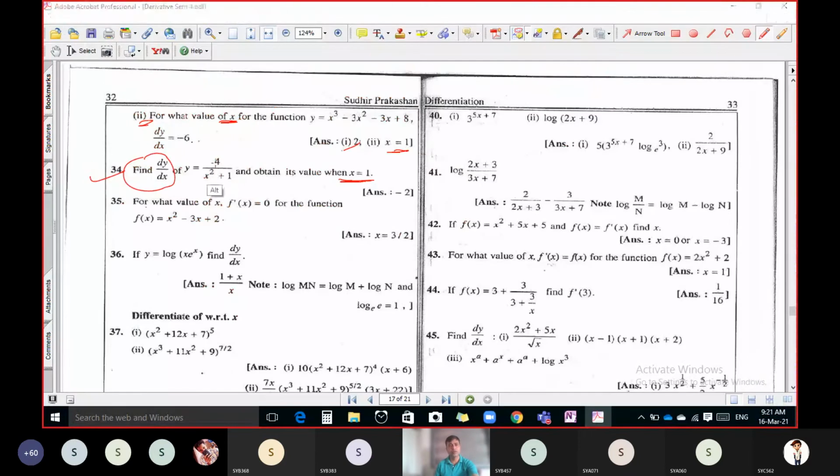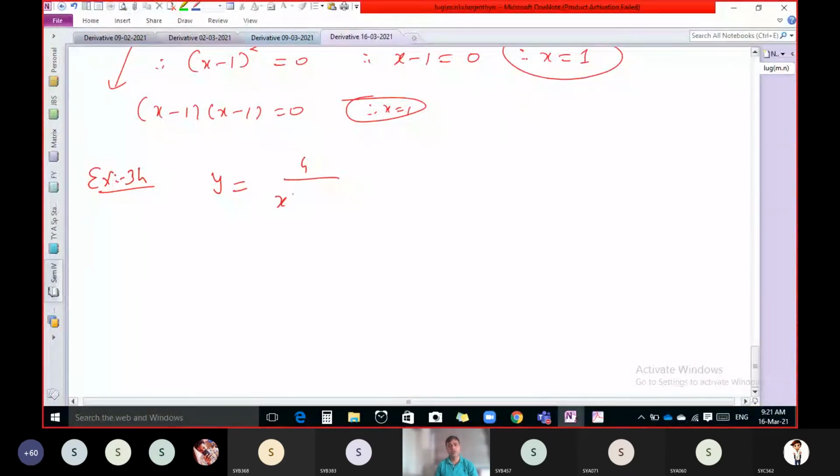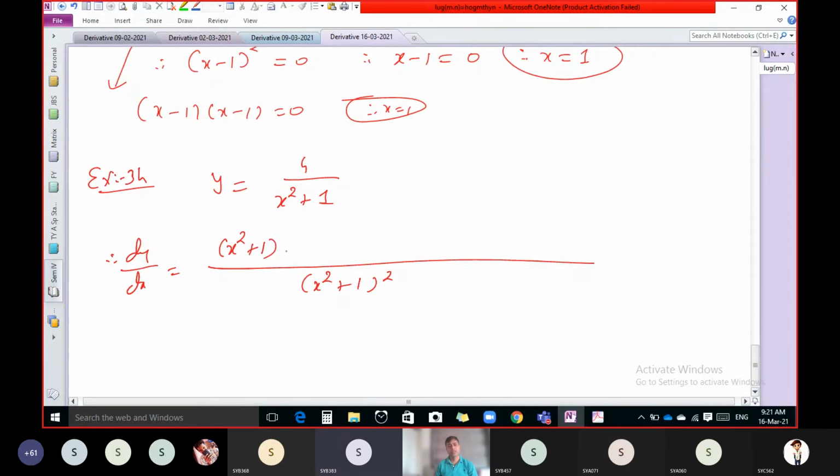Y equal to 4 upon x square plus 1. Let us start the derivative. Be fast. Now tell me what we have to write. x square plus 1 into 0, minus 4 into the derivative of x square plus 1, which is 2x.